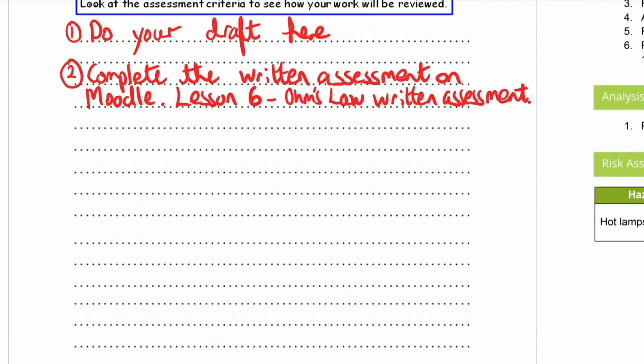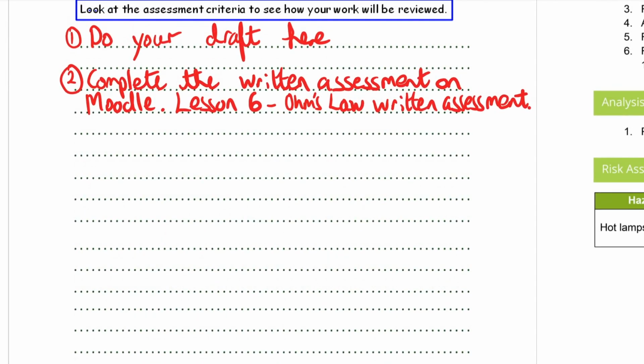It'll be there waiting for you in Moodle. You can practice in draft, so instruction text 1, 2. Remember to use those bossy verbs. We call them imperative verbs.